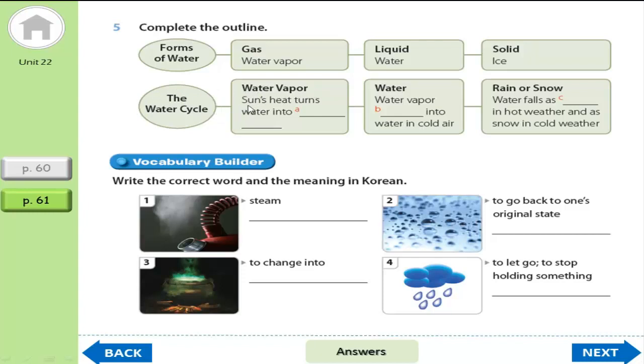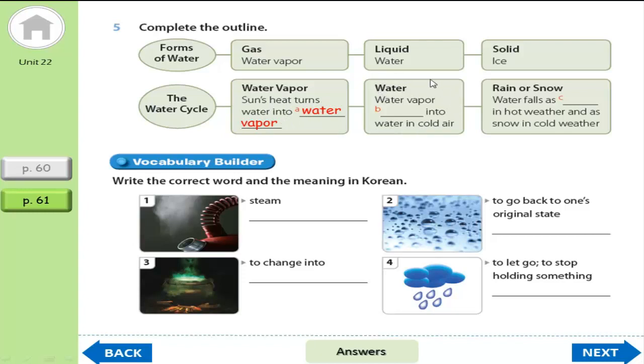Water vapor: sun heat turns water into. A. What is your answer? Okay, so sun heat turns water into water vapor. So please remember, the sun heats water into water vapor.